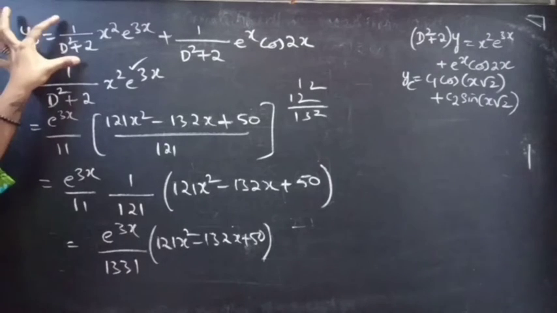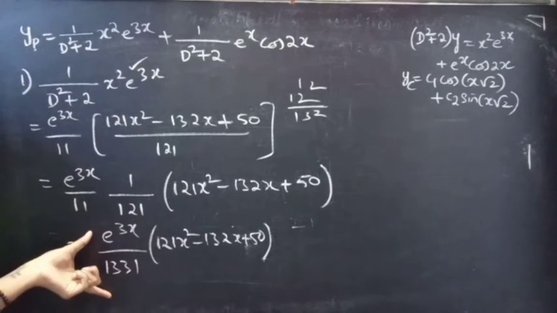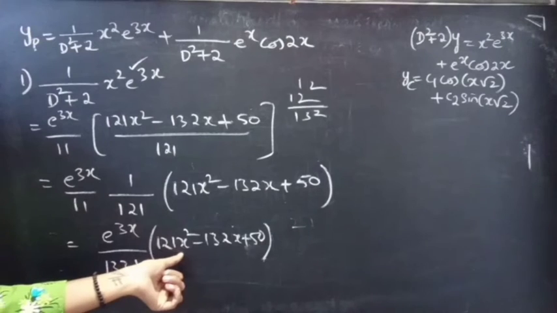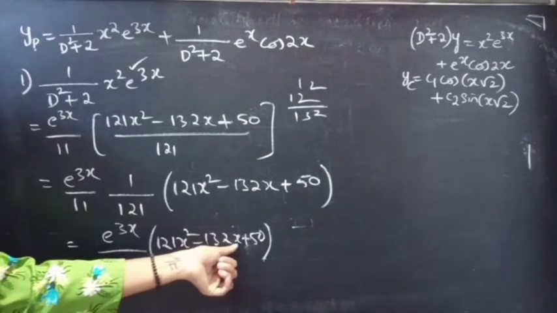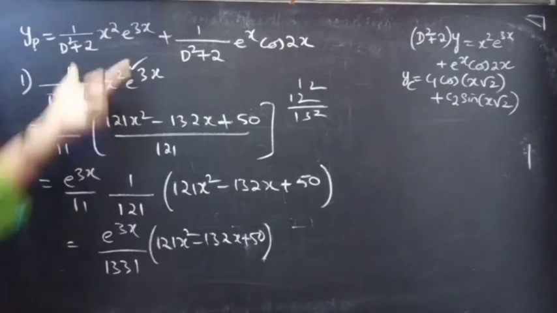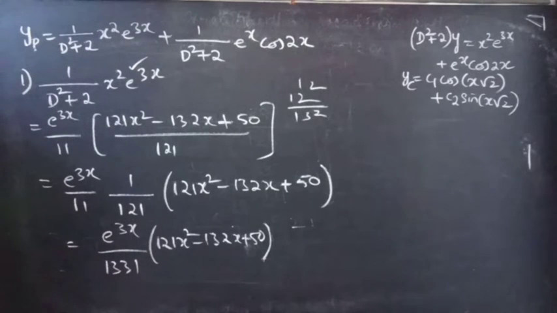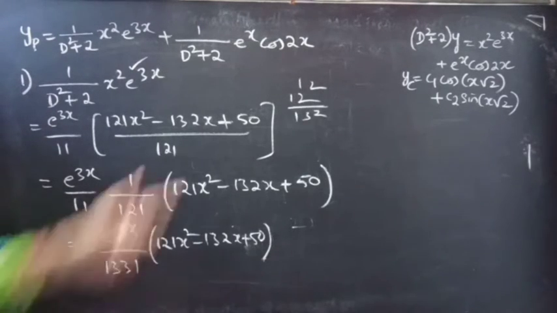So the value for the first term is e power 3x by 1331 into (121 x square minus 132x plus 50), okay, the result obtained from the first term. Now let's find the second term.